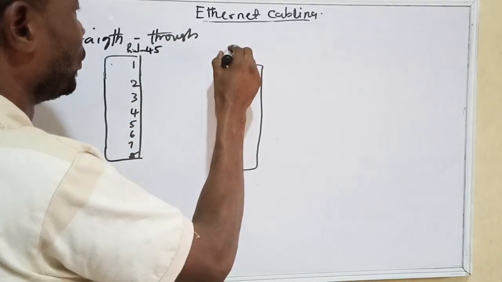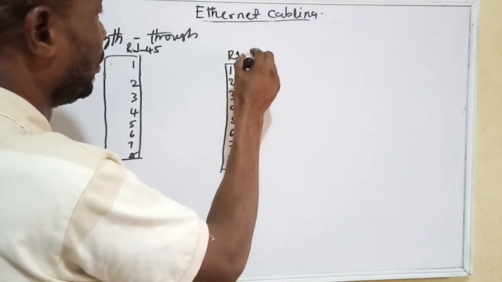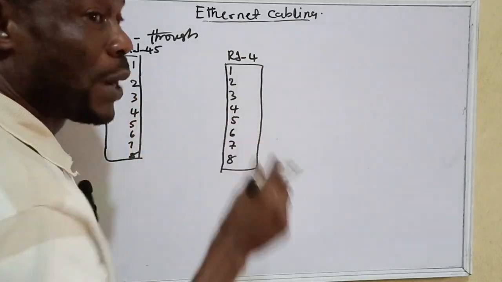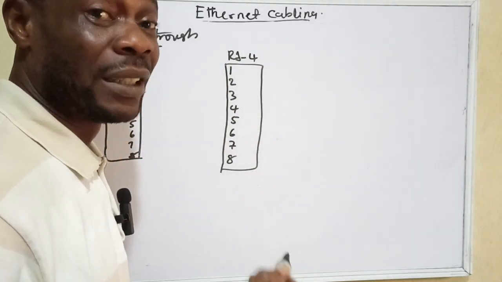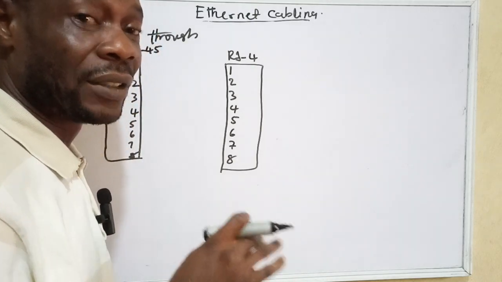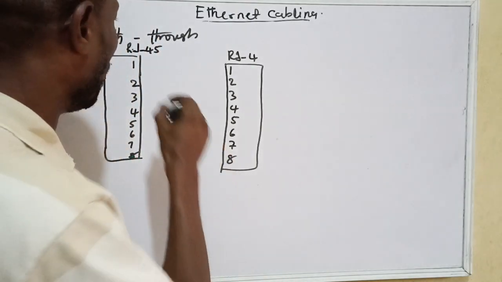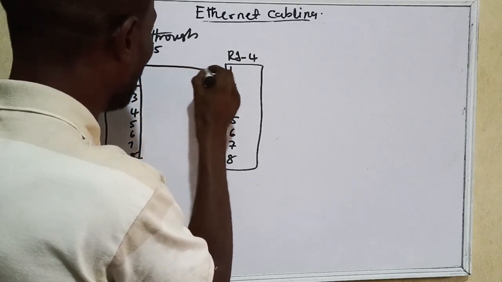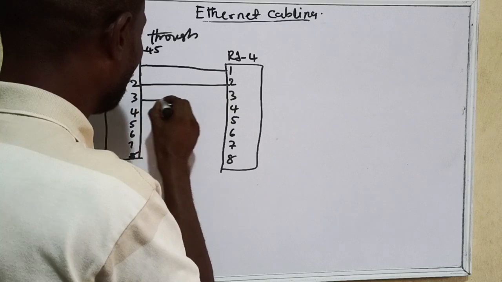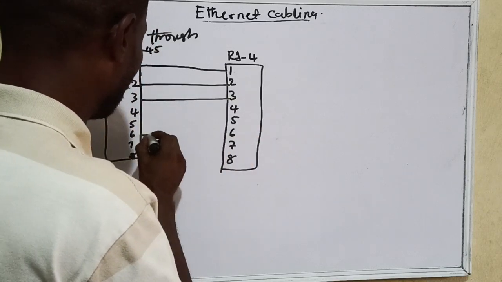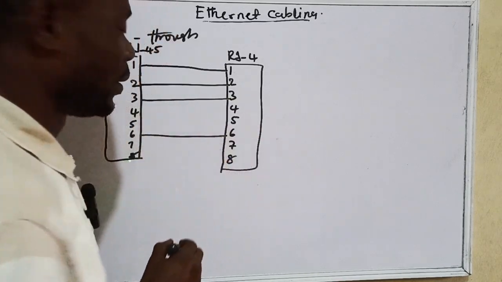This RJ45 also has 8 pins, just like the wire has 8 copper wires. So from pin 1 to 1, from 2 to 2, from 3 to 3, and from 6 to 6.